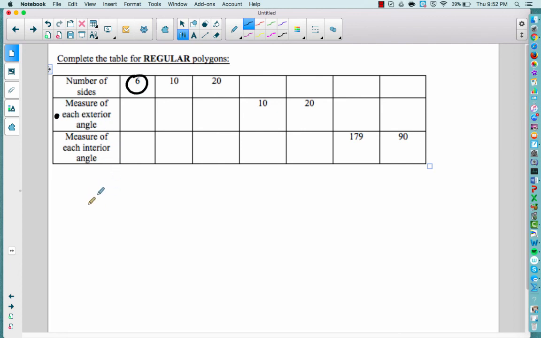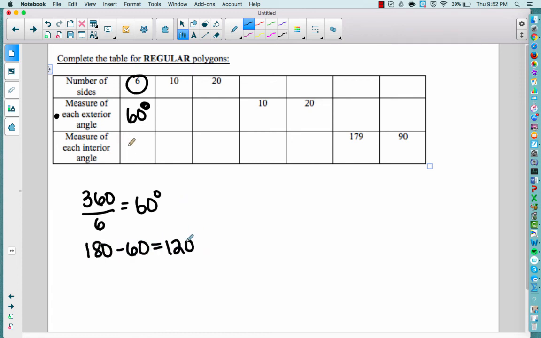All right, so I'm going to do 360 divided by 6. It gives me 60 degrees. So each exterior angle of a 6-sided figure is 60 degrees. Because it's regular and because I want the interior angle, I just do linear pair. So 180 minus 60 gives me 120 degrees.